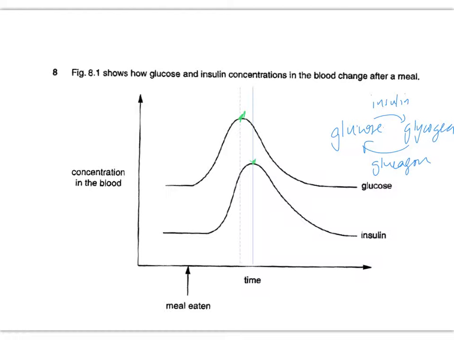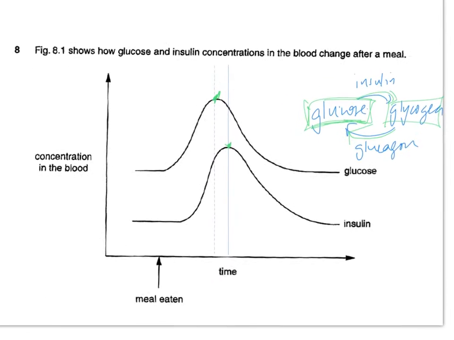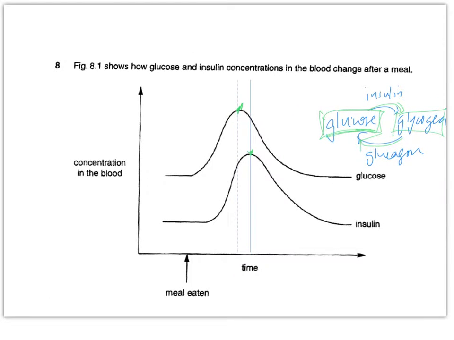Question 8. Now we need to remember the interconversion between glucose and glycogen. The hormone insulin converts excess glucose to glycogen. When we don't have enough glucose, glucagon, right? So glycogen is converted back to glucose when the hormone glucagon is secreted. All this happens at the liver in terms of its conversion. So let's take a look at this graph here.